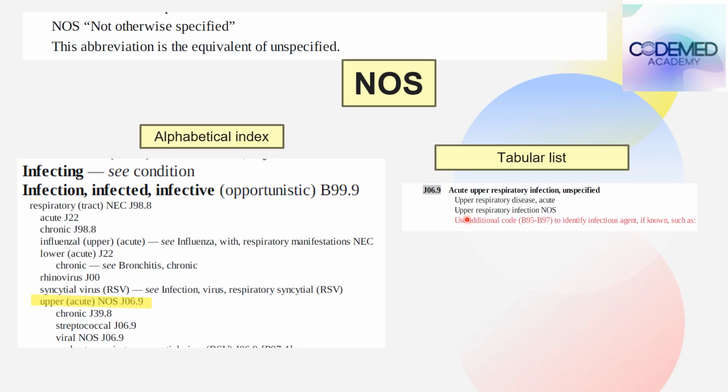If you go to J06.9, it is acute upper respiratory infection, unspecified, because the doctor did not specify what kind of infection the patient has. So that's why you will see NOS, and here you will see that the fourth character will always be 9.